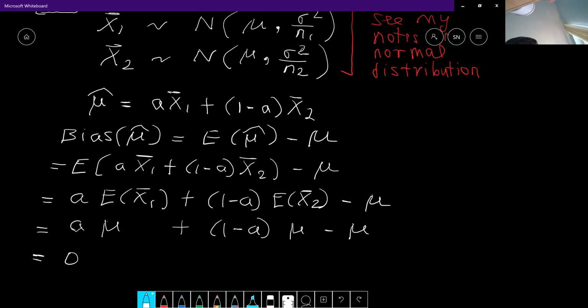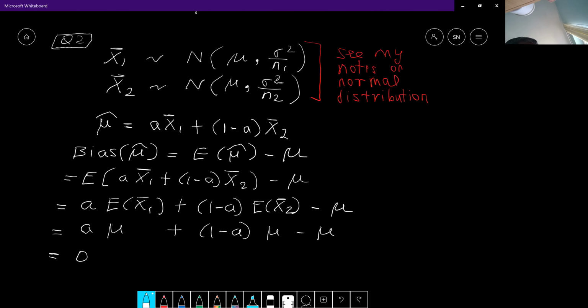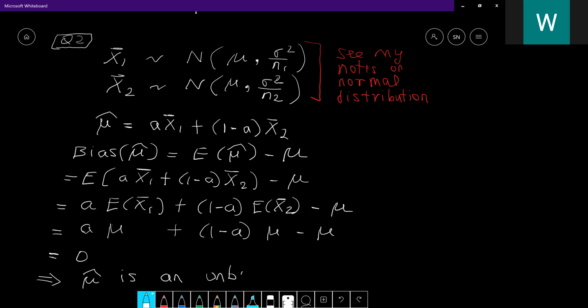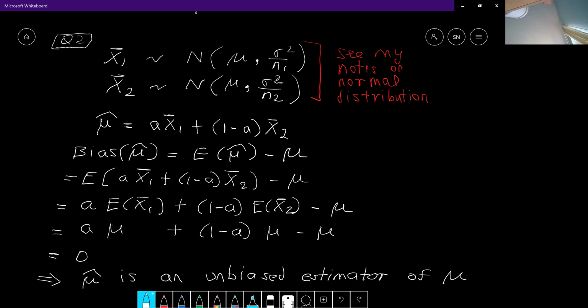So what we have shown is that mu hat is an unbiased estimator for mu.